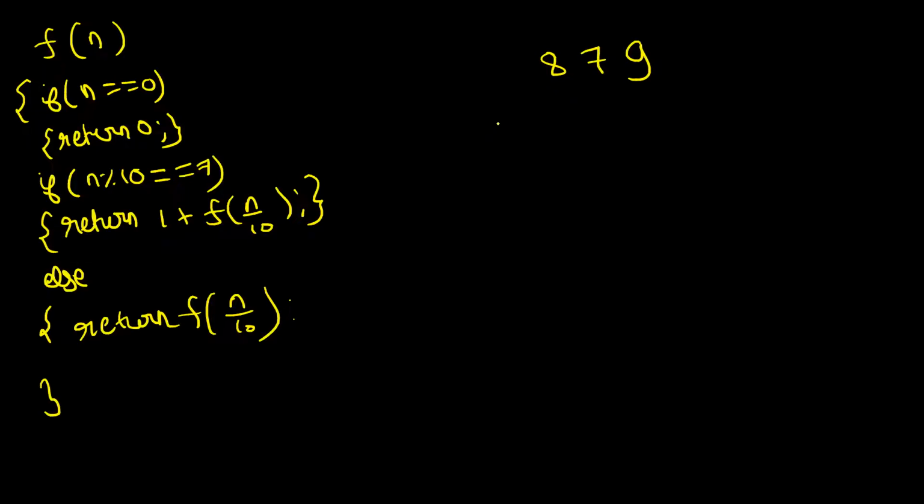First of all, f of 879 is running. F of 879 is called from the main method. Now what do you see, guys? Is 879 equal to 0? No, it is not. So what do I do? I first of all check the last digit, n percentage 10. What is 879 percentage 10? It will give me 9. Is 9 equal to 7? No. That means the last digit is not 7. So what do I tell?